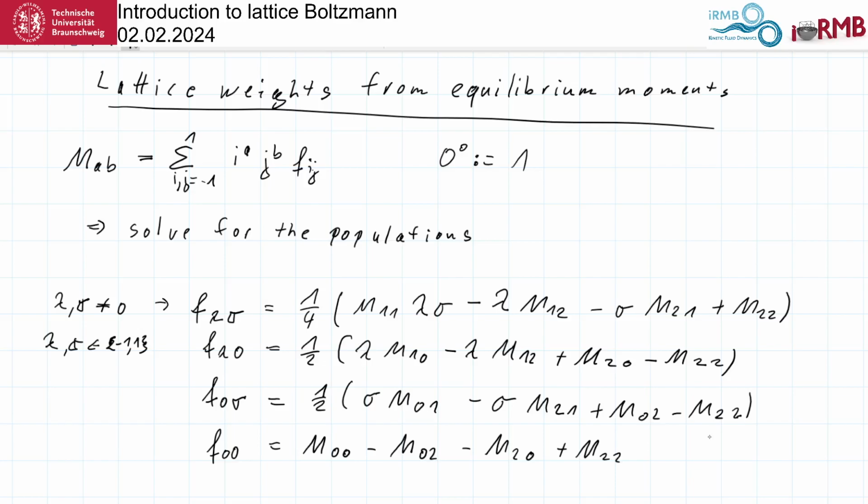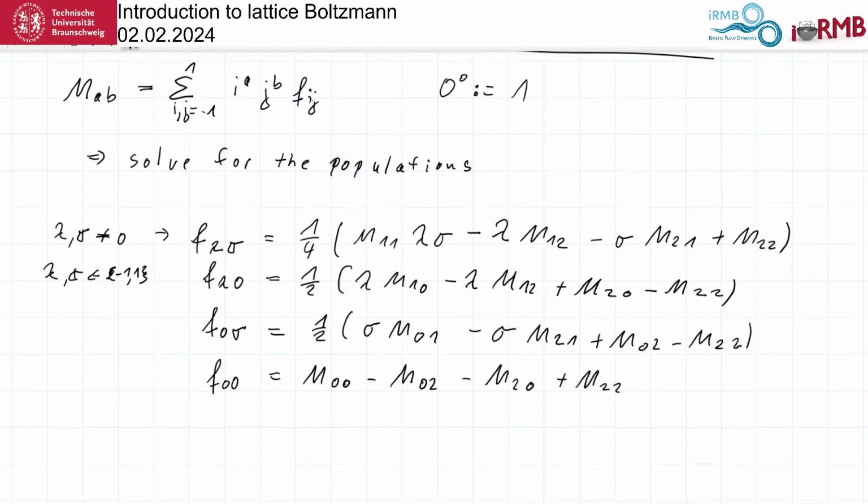So if we now know our equilibrium moments, we can compute the equilibrium populations. And then there are these lattice weights.